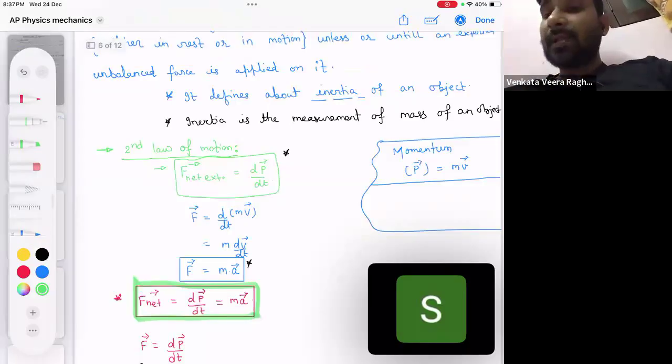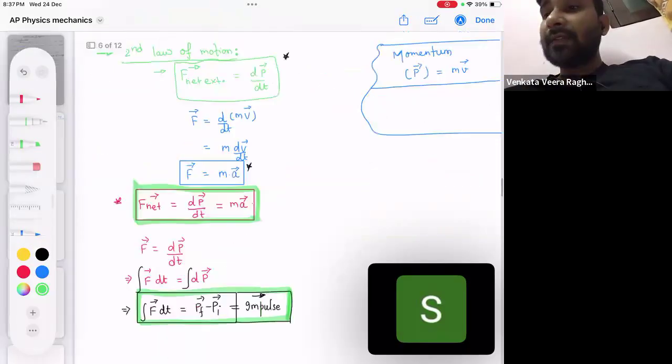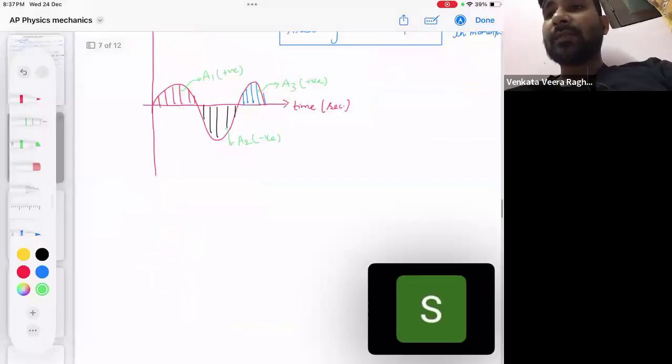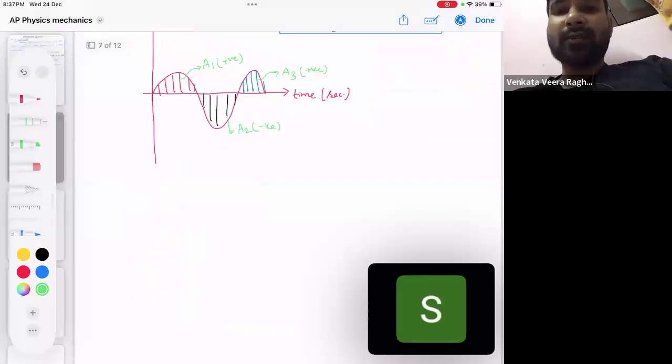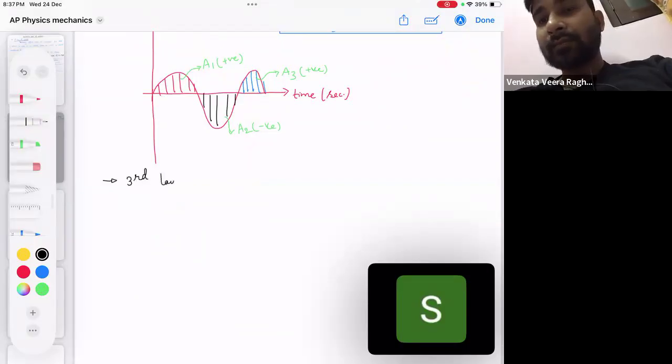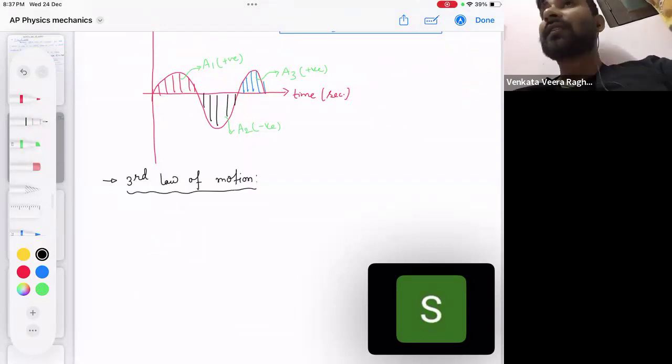Now let's discuss one or two examples of impulse calculation and force calculation. Please tell me if up to this part is clear, or let's first write it down. The third law: there is not much calculation about it, but it is still important. What is Newton's third law? The third law of motion tells us about the action reaction pair.